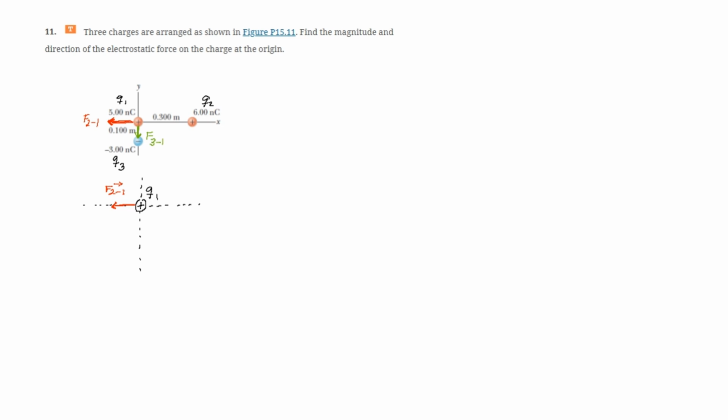I did the calculation, so I know this force would be larger than the force of 2 on 1. So this would be the force that 3 exerts on 1. And then graphically, using the method of the parallelogram, we can find the resultant force on particle 1 from charges 2 and 3. And that resultant force would be a force like this.